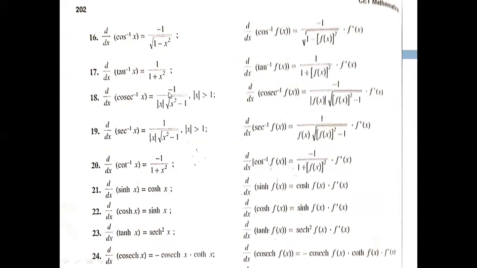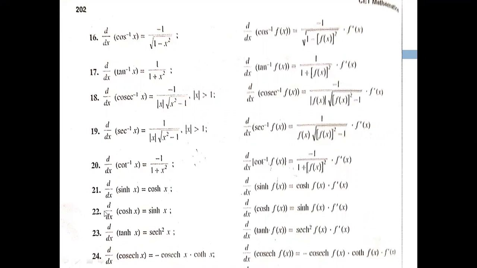Derivative of cosec inverse x is equal to minus 1 by x root of x square minus 1, whereas d by dx of cosec inverse of f of x is equal to minus 1 divided by mod f of x root of f of x whole square minus 1 into f dash x. Similarly, secant inverse x derivative, cot inverse x also same.